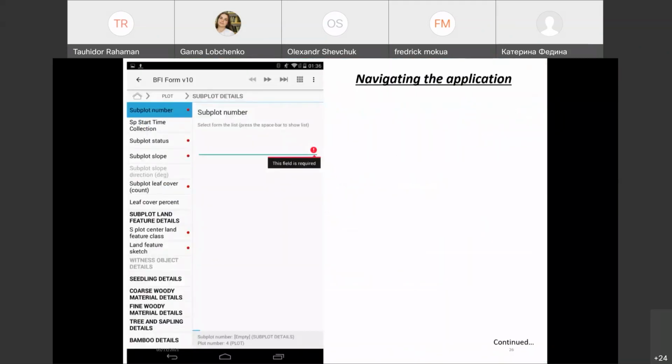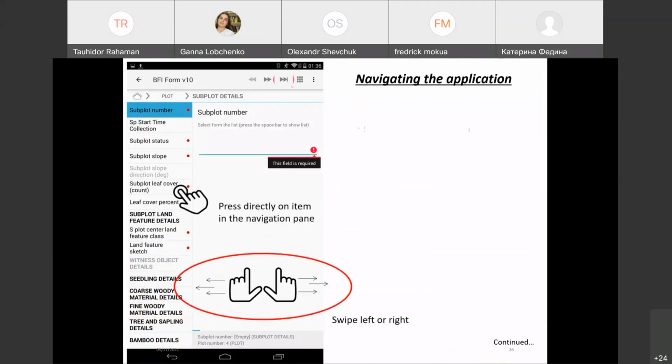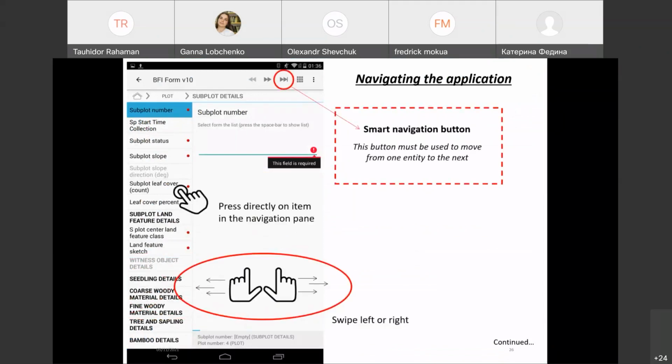And there are some red dots. A red dot means required, so we cannot proceed without completing this field. And this is very smart navigation. We can go to the next page by swiping with our fingers, and it is possible to get some entries directly from the menu above.